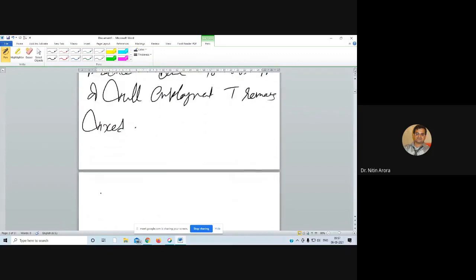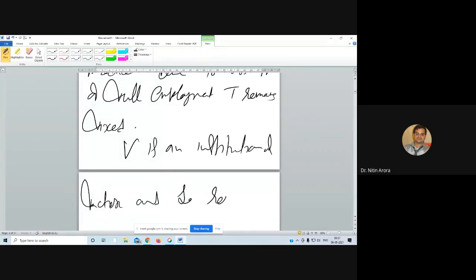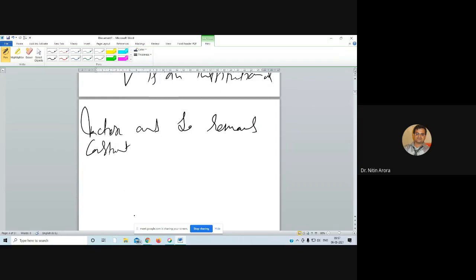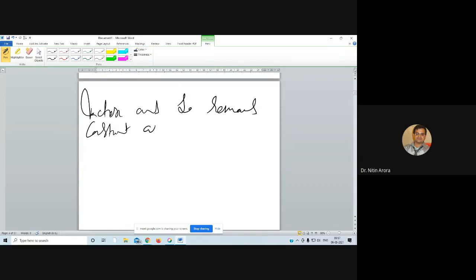Velocity of money, V, is an institutional factor, and so remains constant at a given point of time.